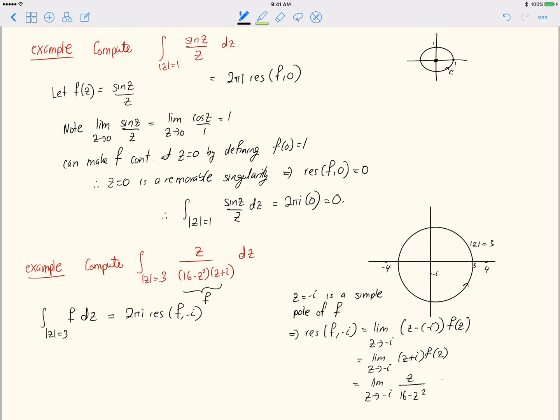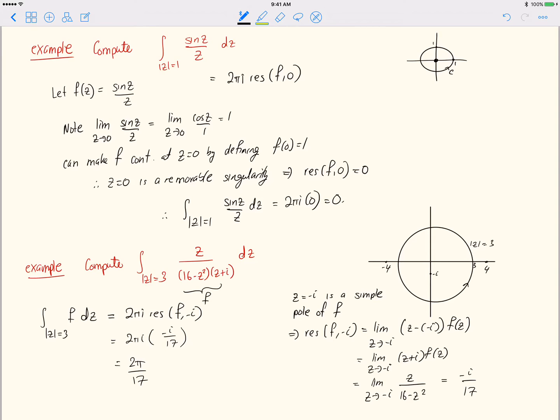If you just plug that in, you would get negative i on 17. So going back to here, the value of this contour integral is 2 pi i times negative i on 17, which is going to be 2 pi on 17. So that's how you would do that contour integral.